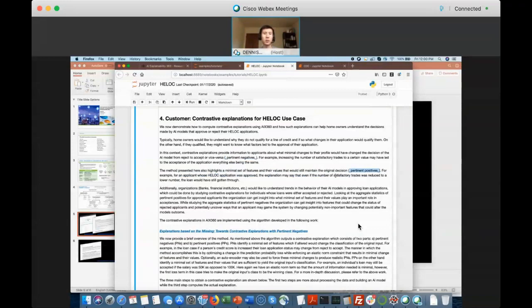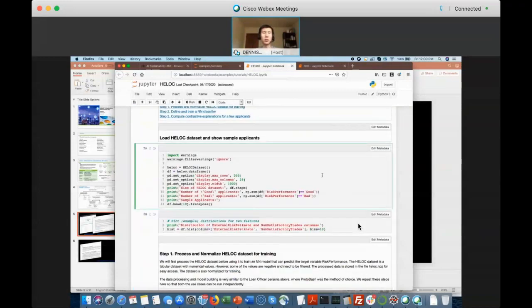We're going to be using the same neural network that was used for the loan officer example. That's because this contrastive explanations method is what is called a post-hoc explanation. That means that you already have a model that is providing the predictions. It's most likely a black box, and you're using a secondary method to provide explanations.